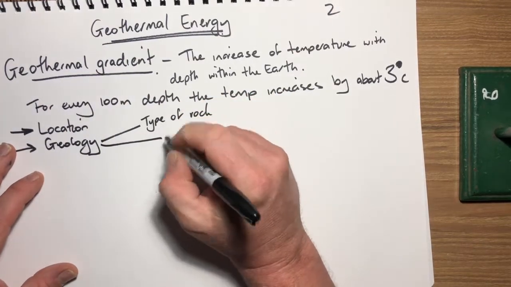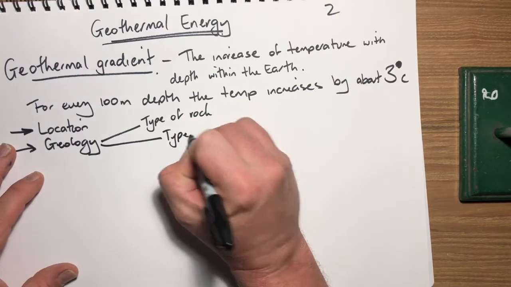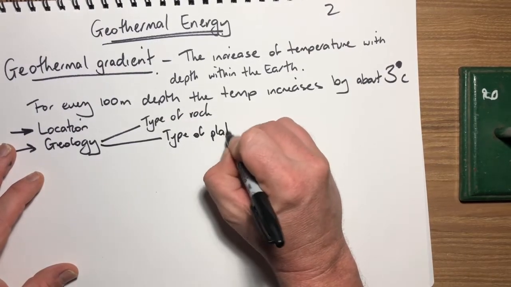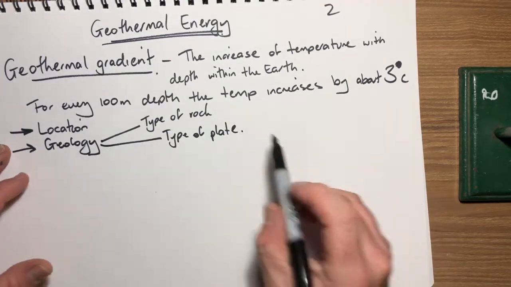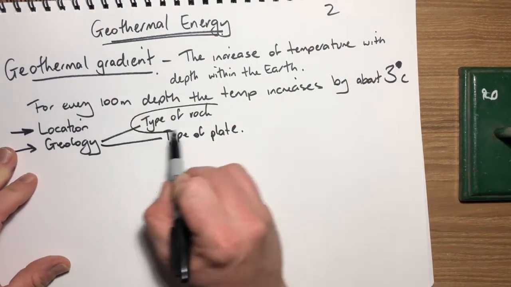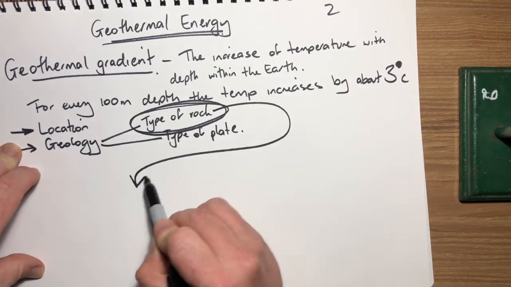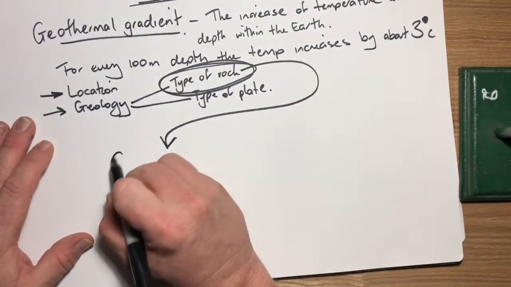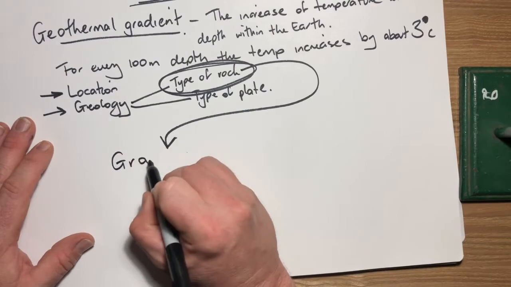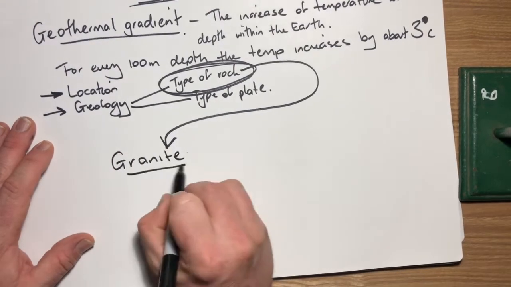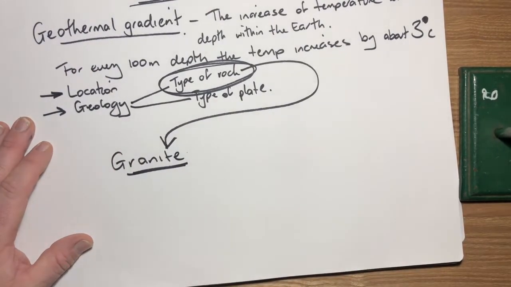And the type of plate. Now, let's take this one here, type of rock, and we're going to refer this to a rock that we have around here, and it's called granite.